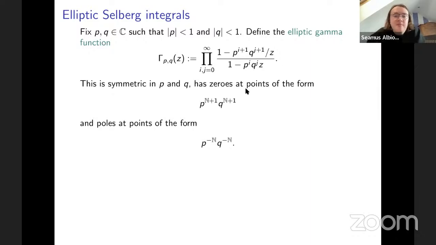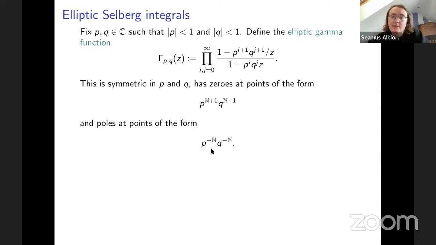But you can automatically see from this that it's always going to have zeros whenever you take z to be p^a q^b with the exponents positive integers. Any pair of positive integers is going to give you a zero of this function. And it's going to have poles precisely when the exponents are any pair of non-positive integers.